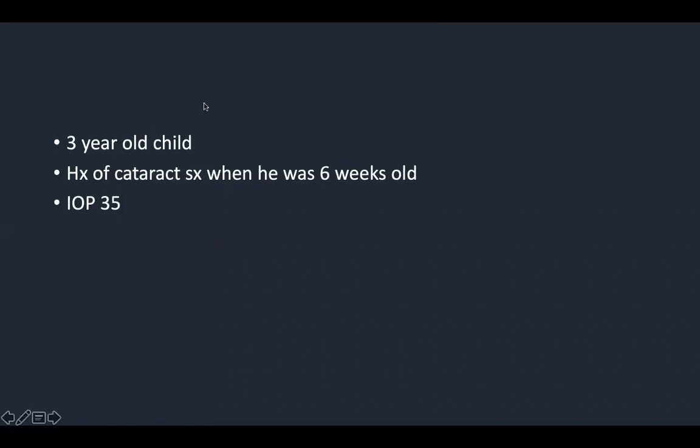What's the mechanism or pathophysiology of glaucoma in aphakia? I'm not sure. Maybe there is an element of pupillary block. Not really. If the vitreous was blocking the pupil, which is rare, they usually do anterior vitrectomy, sometimes with posterior capsulotomy.